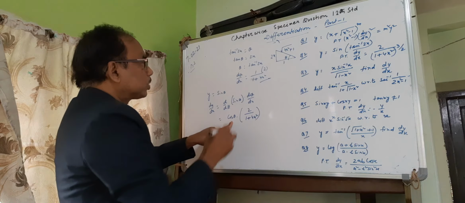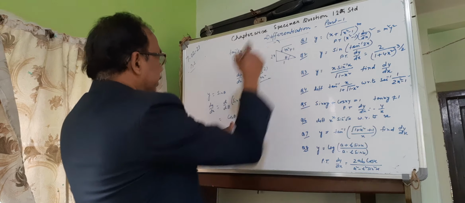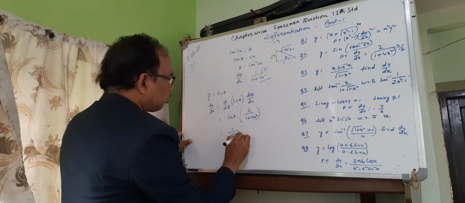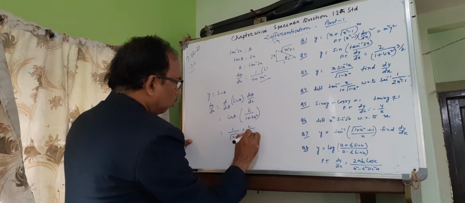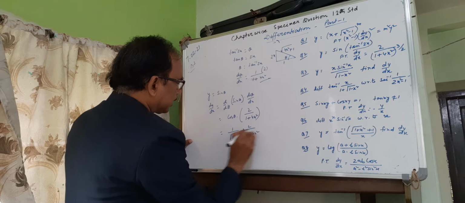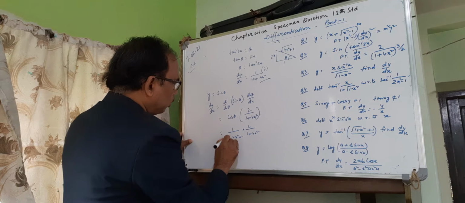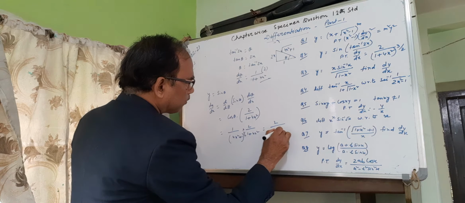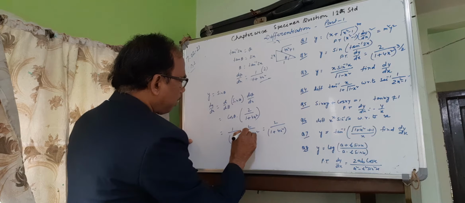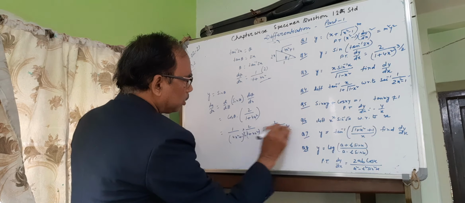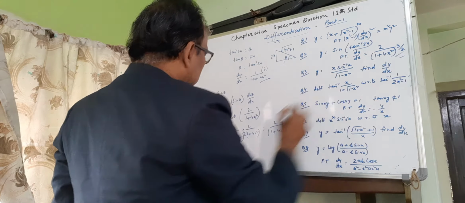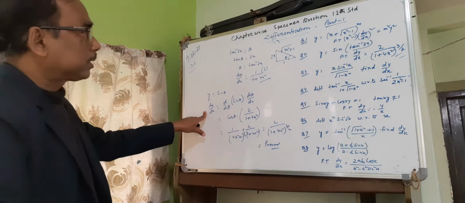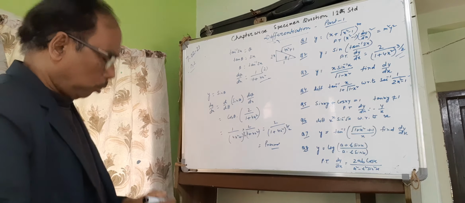From the triangle, cos theta is base by hypotenuse, that is 1 by root over of 4x square plus 1, into 2 by 1 plus 4x square. The root is just a power of half, so combining the powers we get 2 by 1 plus 4x square to the power 3 by 2. You have to find dy by dx, and that is proved.